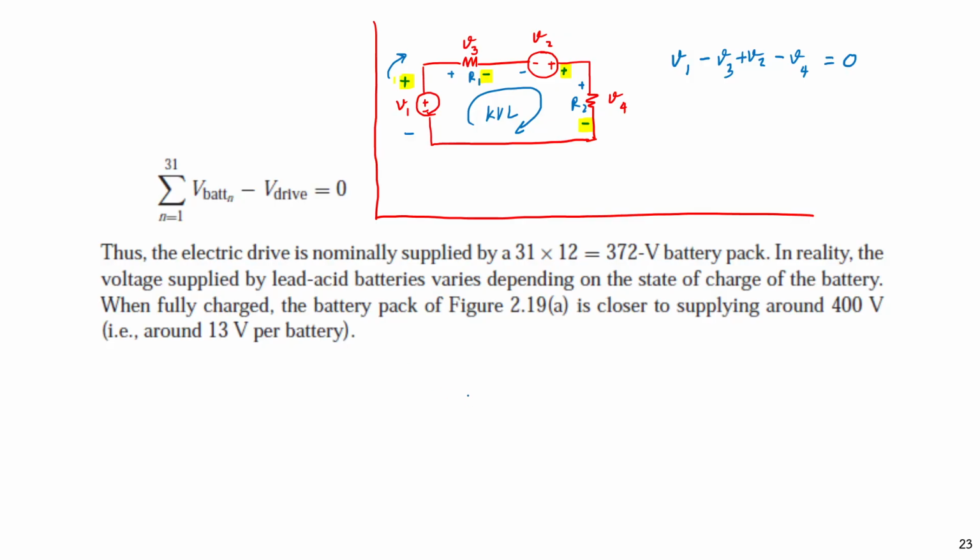So for the source, the current flows out from the positive terminal, and for the load, the current flows into the positive terminal, right?